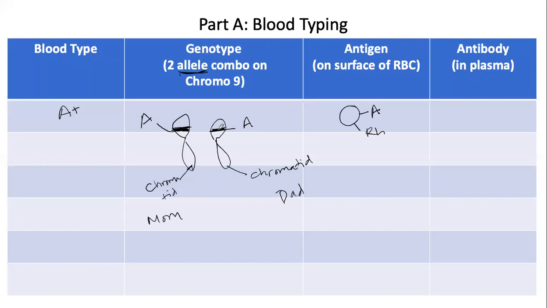And so that's going to give me A on the surface of my red blood cells. Okay, and if I have A on the surface of my red blood cells, that's going to dictate my blood type.